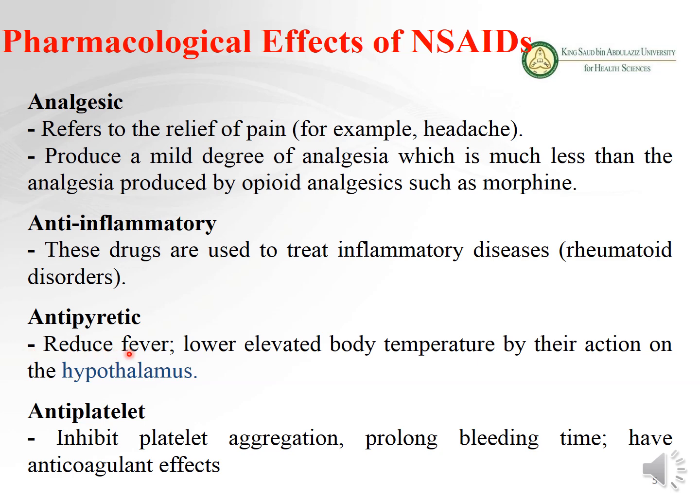Antipyretics: they can reduce the fever, lowering the elevated body temperature by their action on the hypothalamus. And antiplatelet: you might remember the antiplatelet effect of aspirin. Aspirin in this class inhibits platelet aggregation, but it can lead to prolonged bleeding time, and has an anticoagulant effect as well.